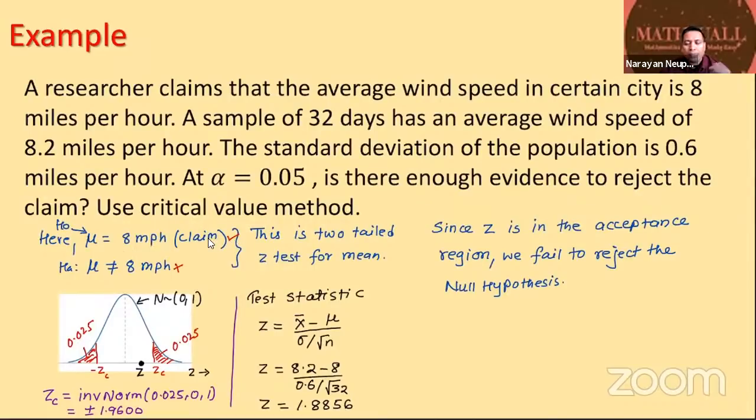So in the fifth step, we are going to write the conclusion. That is, there is enough evidence to support the claim that the mean is equal to 8 miles per hour at this significance level, 5% significance level. So let's write that conclusion.